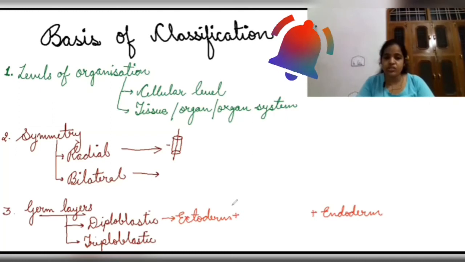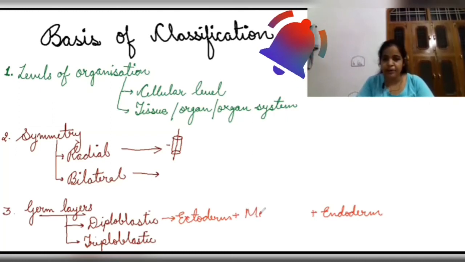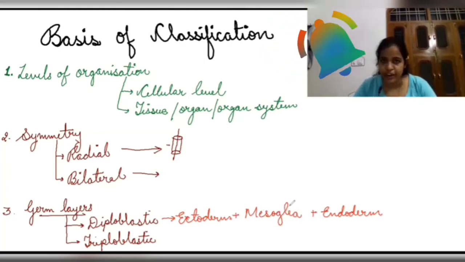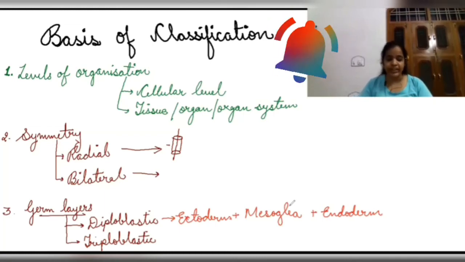So guys, two germ layers are there surrounding an undifferentiated layer of cells or tissue, and that we call mesoglea.